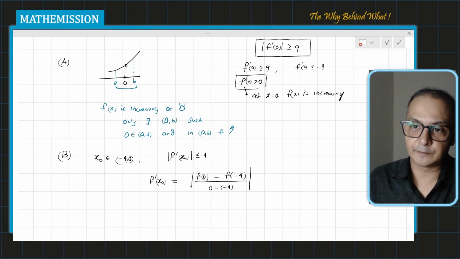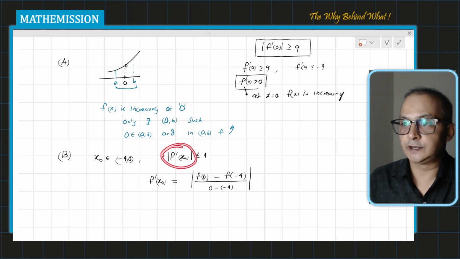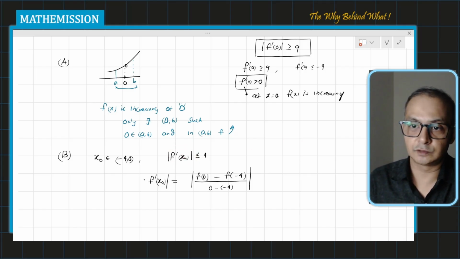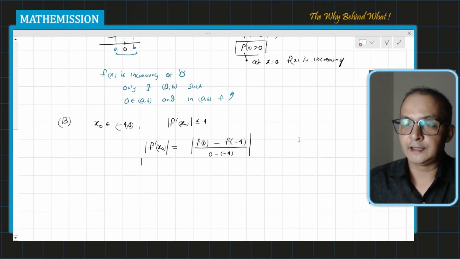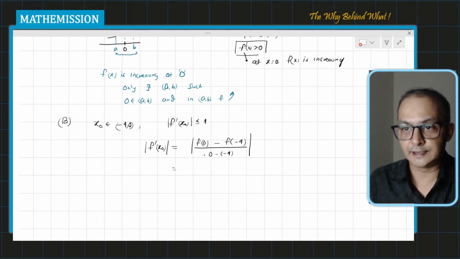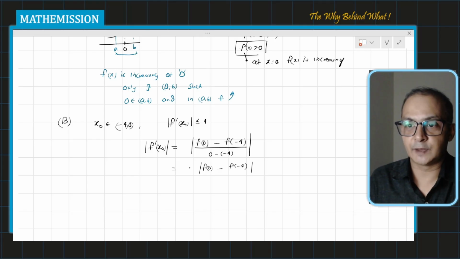And since I have to consider the magnitude of this quantity, I'm taking the magnitude on both sides. In this way, the right hand side is the modulus of f(0) minus f(-4), and this 0 minus -4 I can take out.